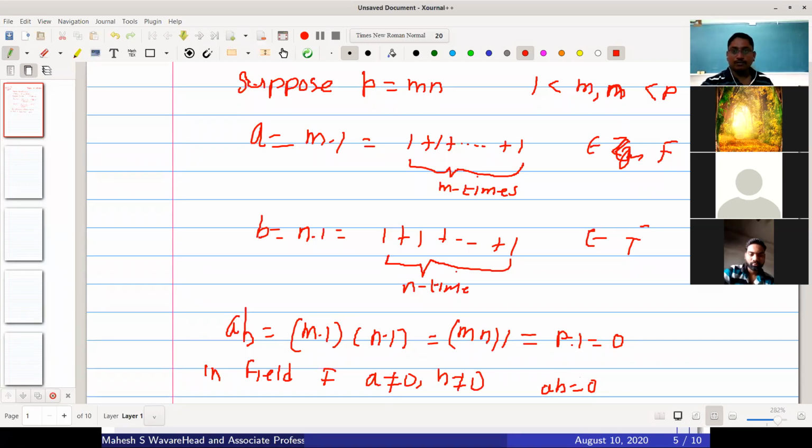Or in another way also we can show this. In a field, if A into B is 0, then either A is 0 or B is 0. This is okay.